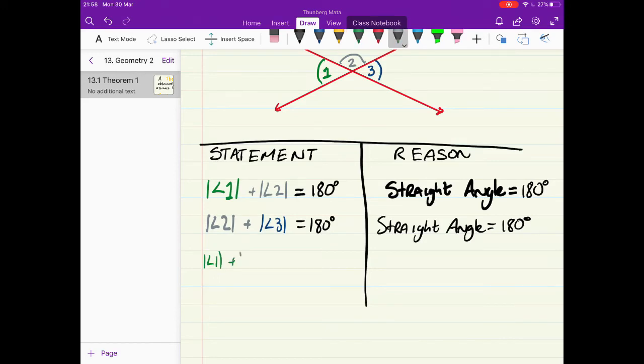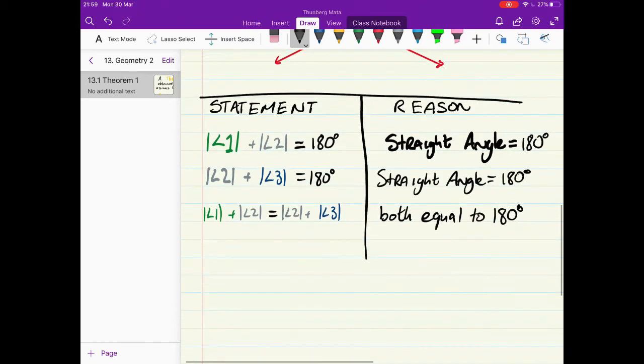Next, we're able to say that angle 1 plus angle 2 is equal to angle 2 plus angle 3, because both of them are equal to 180. So if both are equal to 180, they have to be equal to each other.